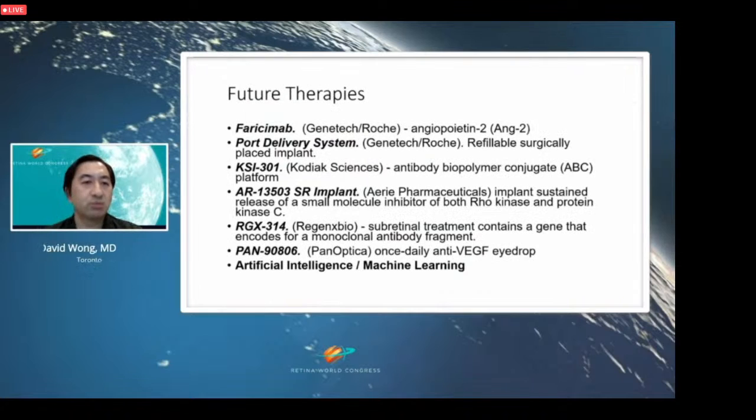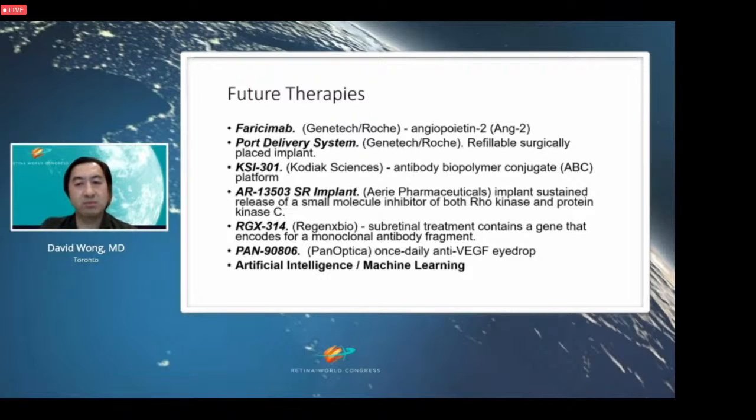I want to very briefly touch on the future therapies, which I think are very interesting, is faricimab with the angiopoietin-2, which is going to be interesting, and data is coming out shortly. Port delivery system, which was talked about in the earlier session, has potential in diabetic retinopathy treatment. Kodiak Sciences has a large molecule biopolymer conjugate platform, which would be interesting.